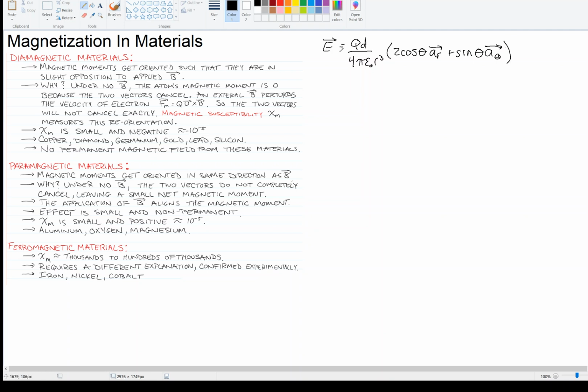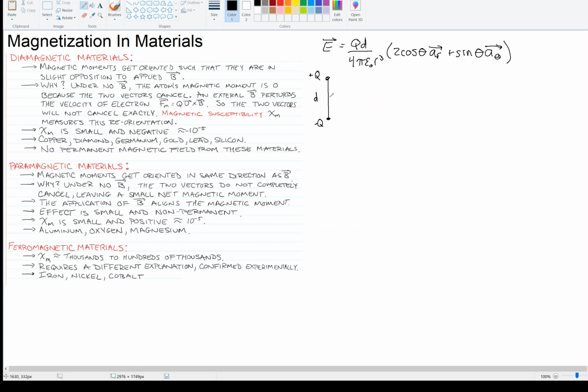So this was the electric field by an electric dipole in the far field. An electric dipole has two point charges of the same magnitude but opposite sign, plus q and minus q, separated by a distance d.